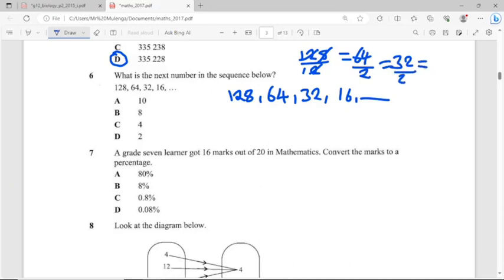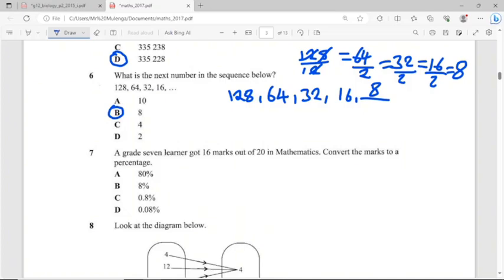That is the rule. Then they got 16. So again from 16 to the next number, you divide by 2, you get what? 8. So the next number in the sequence was 8. So check on the option where you have 8. It's right here on B. Okay, we are done there. So the most important thing is to find the rule, and the rule is they were dividing by 2.